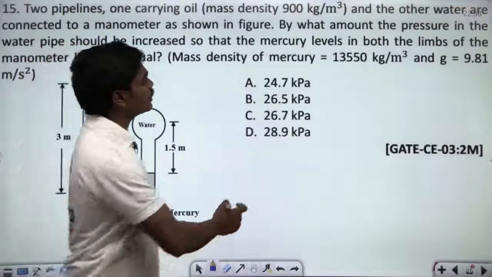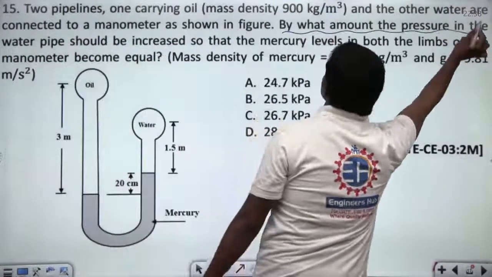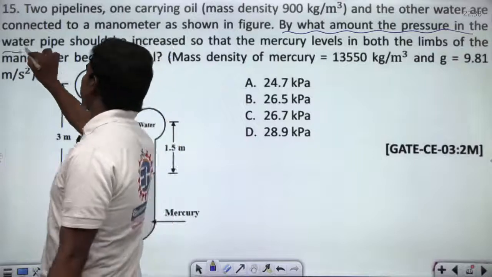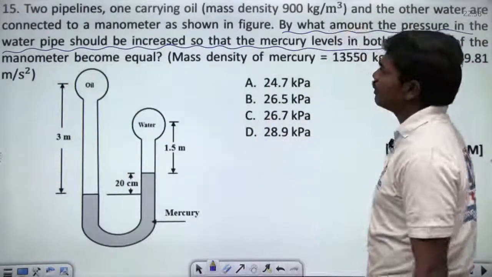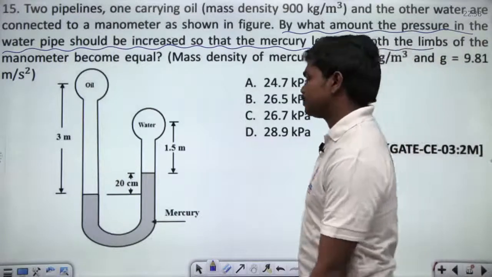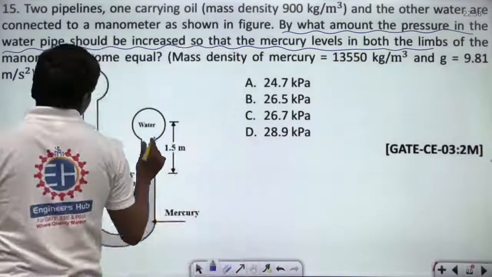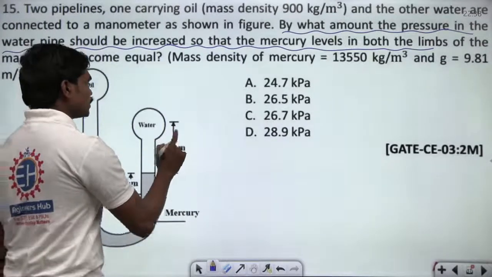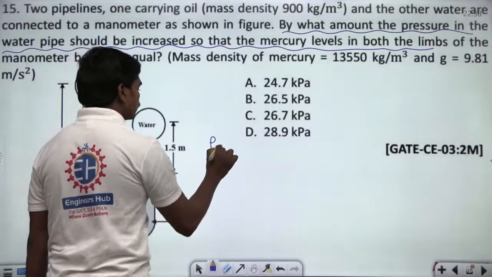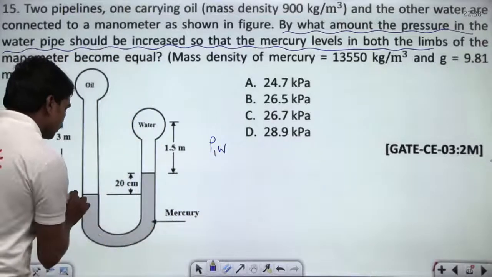So he is asking by what amount the pressure in the water pipe should be increased so that the mercury levels in both the limbs of the manometer become equal. Look, let us suppose case 1, P1 of water. Let us suppose we are applying static equilibrium about this point.